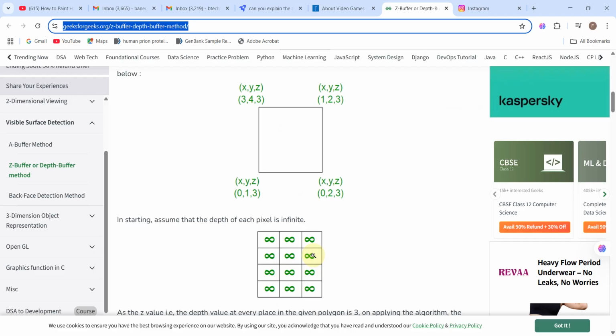And in the beginning it is stored as z coordinate value infinity. But normally when we talk about linear algebra, the matrix stores the basis vectors. Here this matrix is storing only the z coordinates of all the squares present in the pixels.